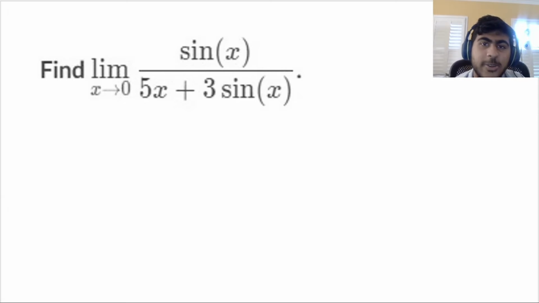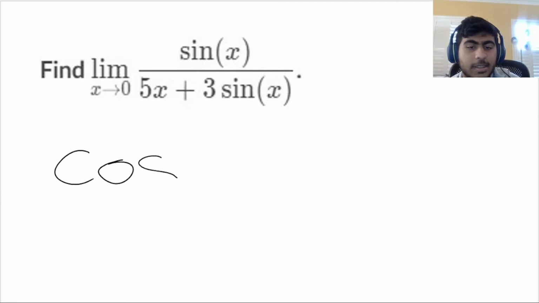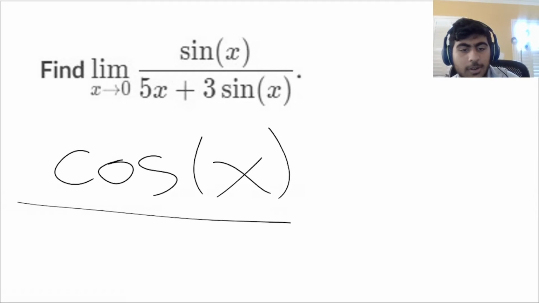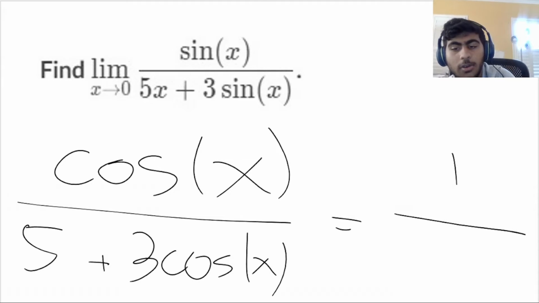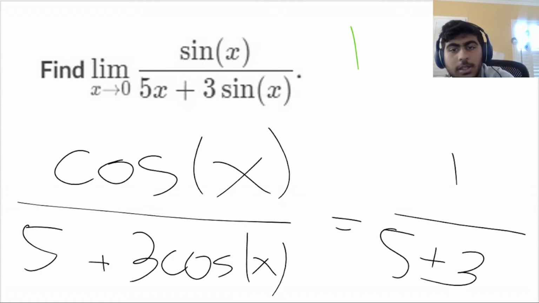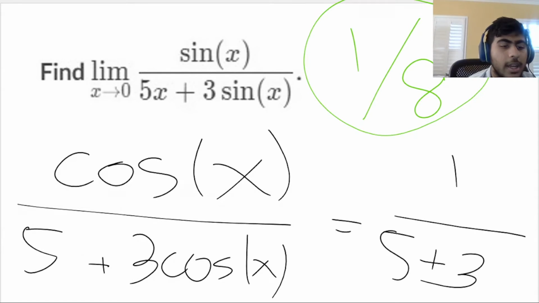But we try L'Hopital's rule and we get cosine of x over 5 plus 3 cosine of x. Then we plug in the 0 and we get 1 over 5 plus 3. So our answer is 1 over 8. That is it for that category.